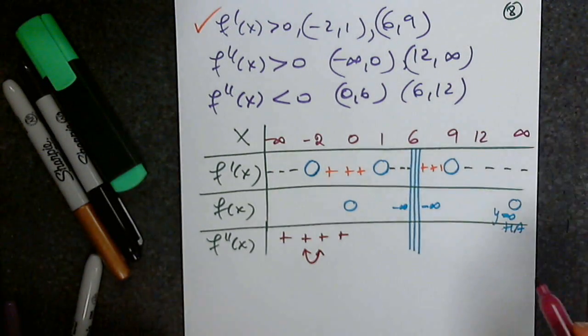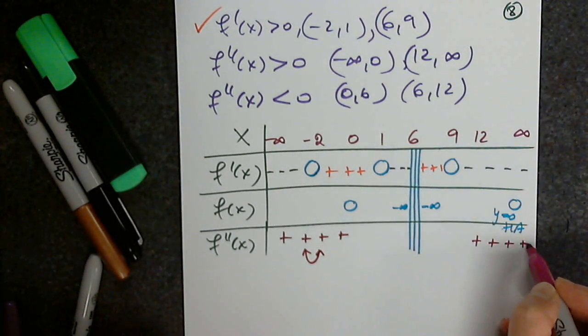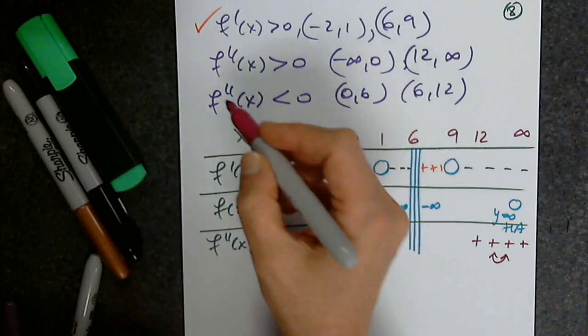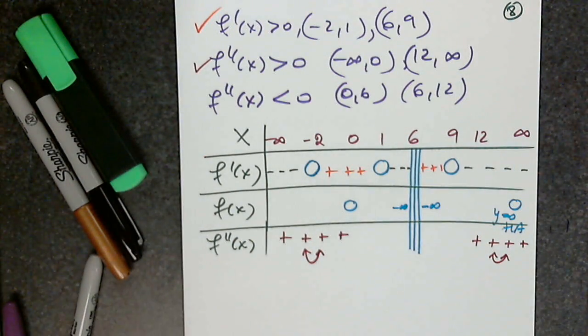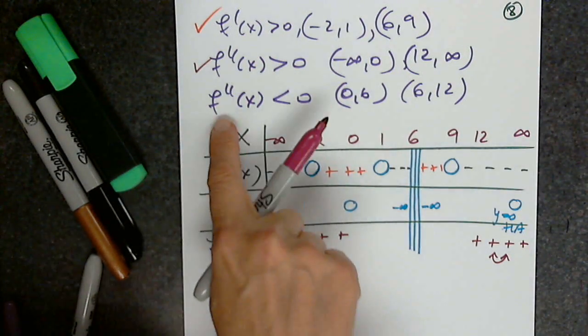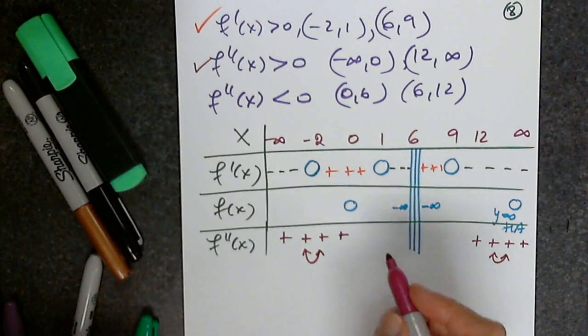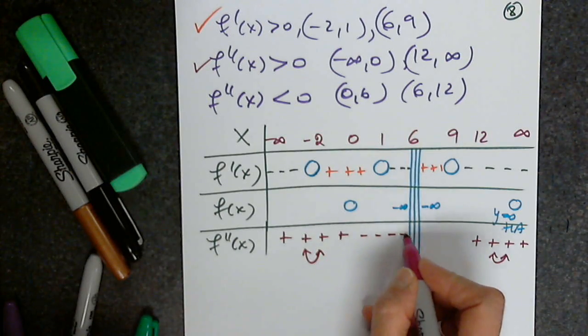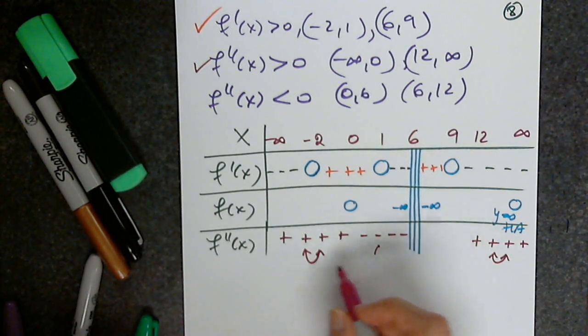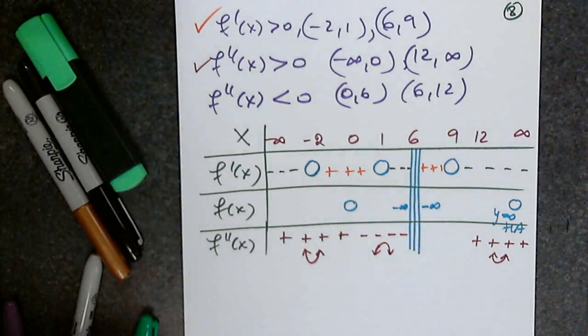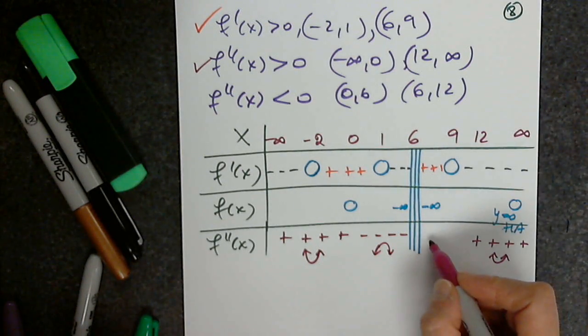And between 12 and infinity. Now this is done. Finally, between 0 and 6, the second derivative is negative, and between 6 and 12.